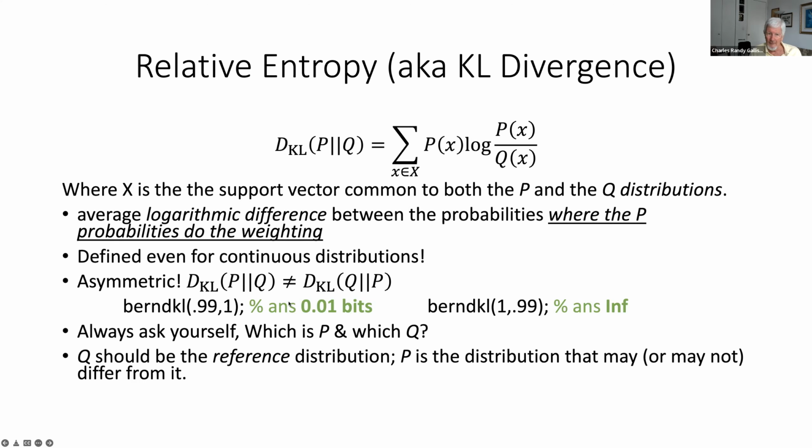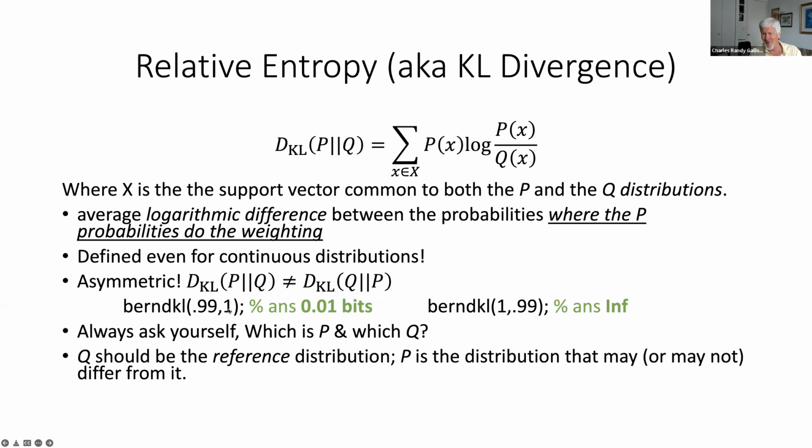Now again, probably the most important thing to bear in mind is that this can be radically asymmetric. So just to illustrate that, suppose we have one Bernoulli distribution with a p-value of 0.99 and another distribution with a p-value of 1.